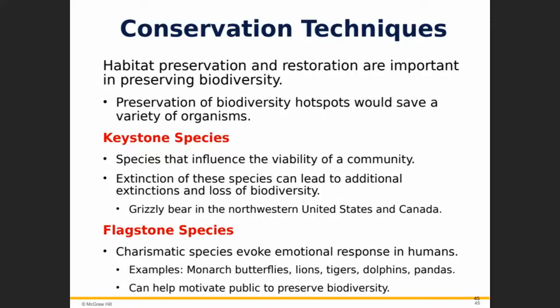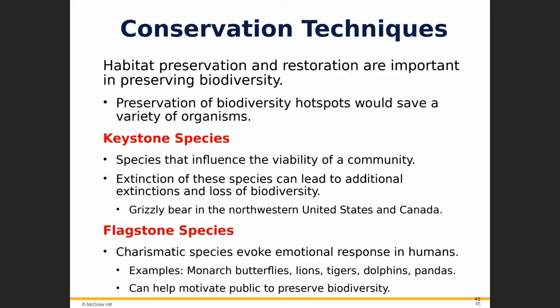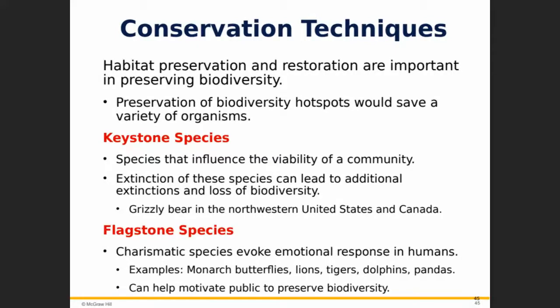The grizzly bear that we saw earlier is a keystone species in the northwest United States and Canada. The bear disperses the seeds of berries. As many as 7,000 might be in one dung pile.